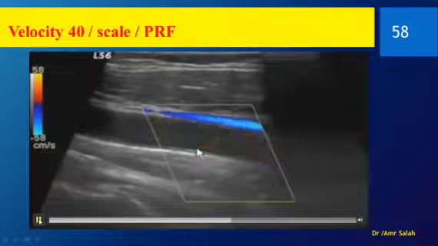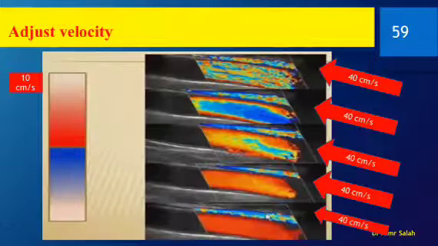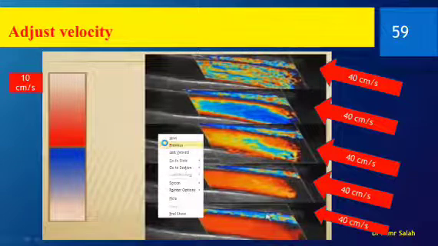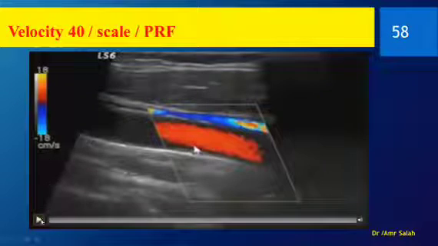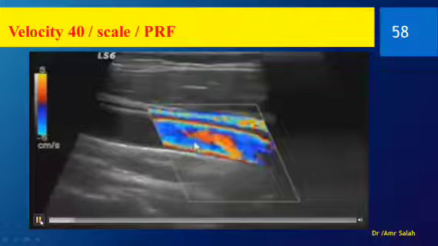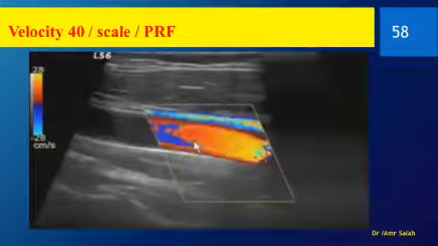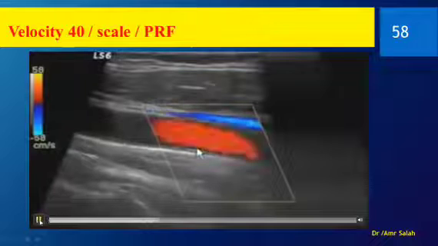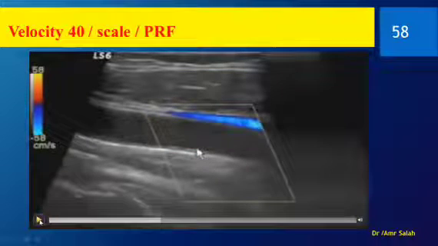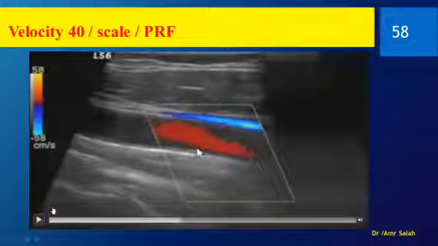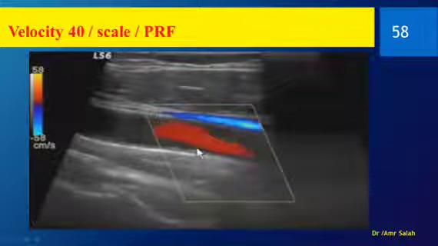Let's continue. Let's see it again. Here, when it is 3. Here, when it is 58, the color would be dark red just in the middle, because the velocity is already 40.